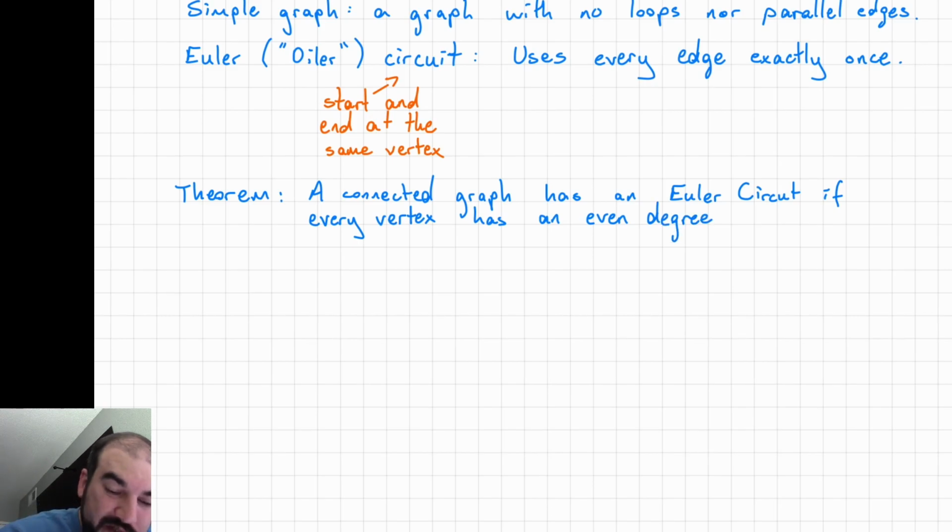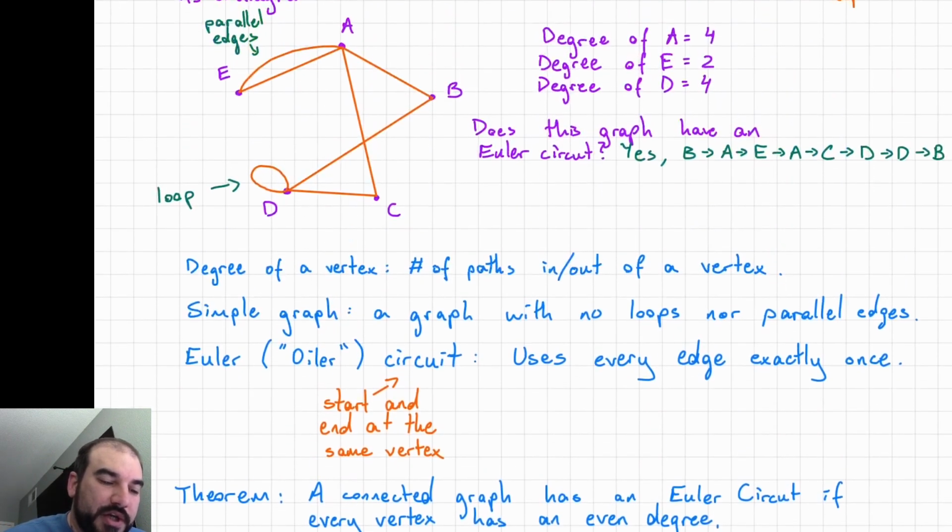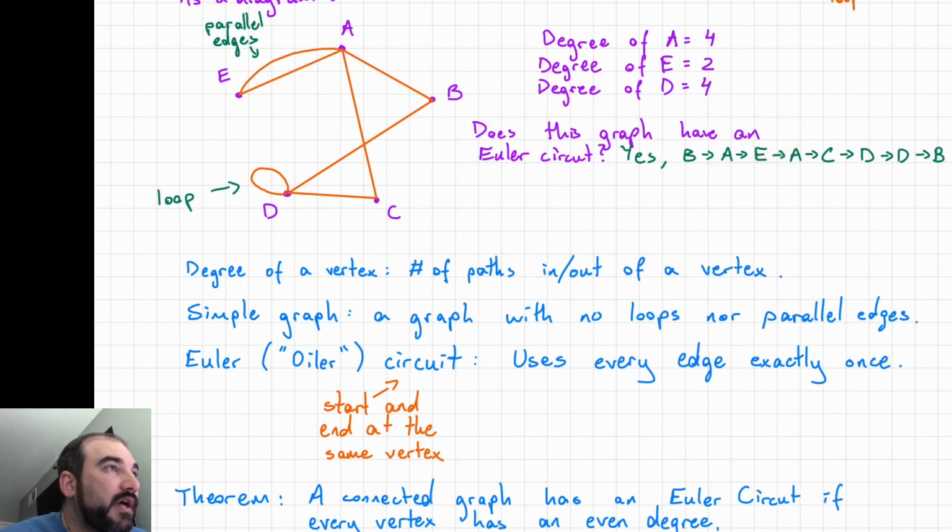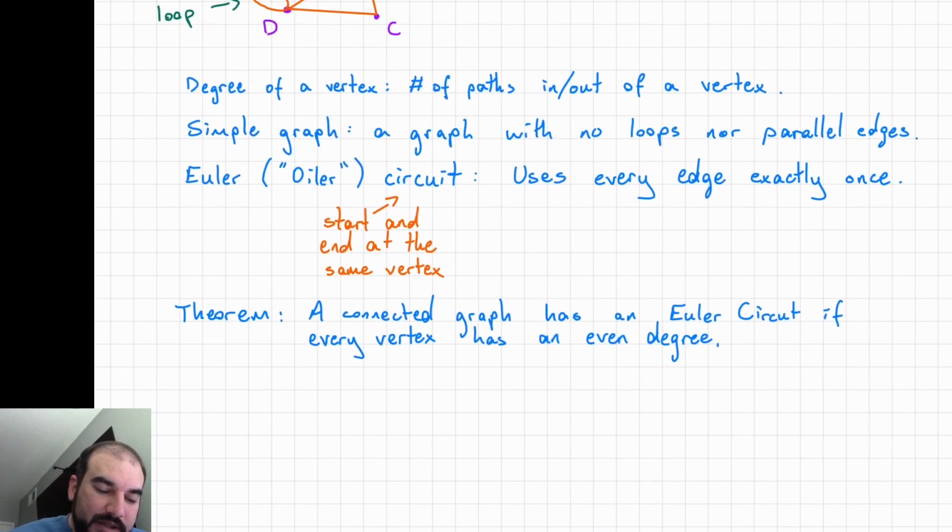So we talked about what the degree of a vertex is earlier, and the requirements for having an Euler circuit. So the answer to this question, does this graph have an Euler circuit, can be answered by just looking at the degree of every vertex and seeing if they're all even.